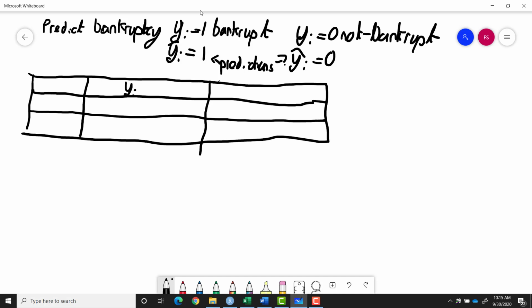So this is y_i equals 0, so the true label is 0, and y_i equals 1. And these are our predictions. This is what we call a classification table, but going back to our chi-squared tests, this is actually a contingency table.